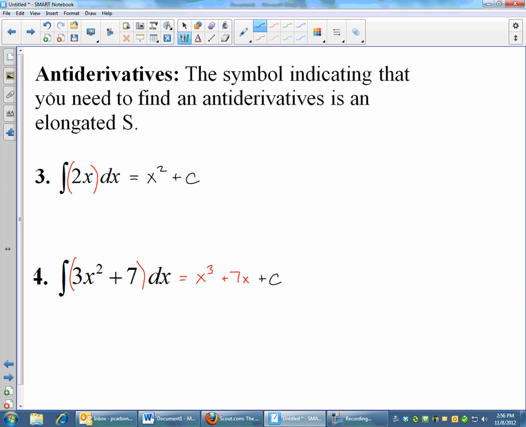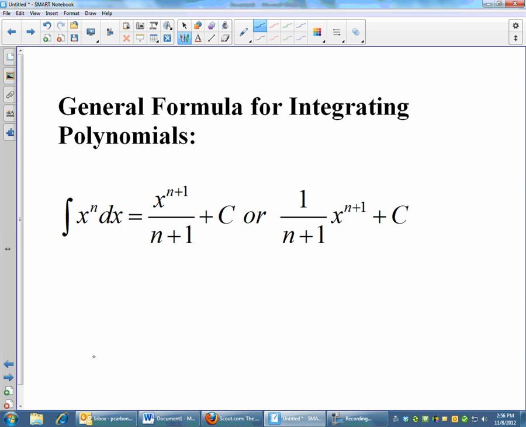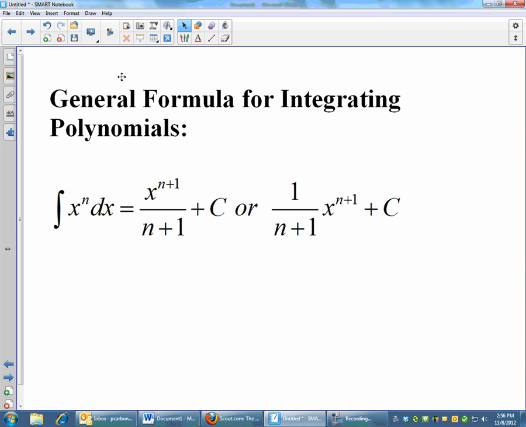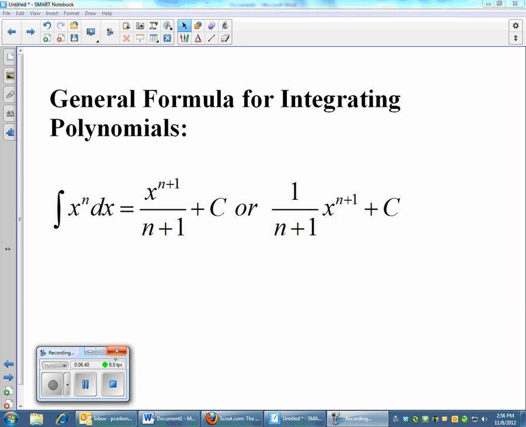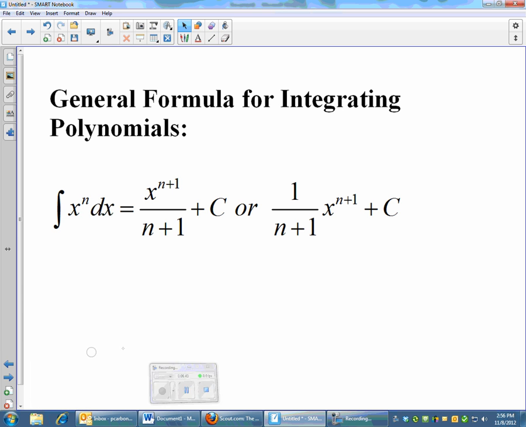Let's do a handful of them. Oh, wait, I forgot. Before we do a handful of antiderivatives, there is a general formula for doing antiderivatives of this nature, just like there were general formulas for derivatives. If you are doing polynomials or anything that's basically the reverse power rule, it's almost like we are unpower ruling here. Basically, what we do is we do everything in reverse.